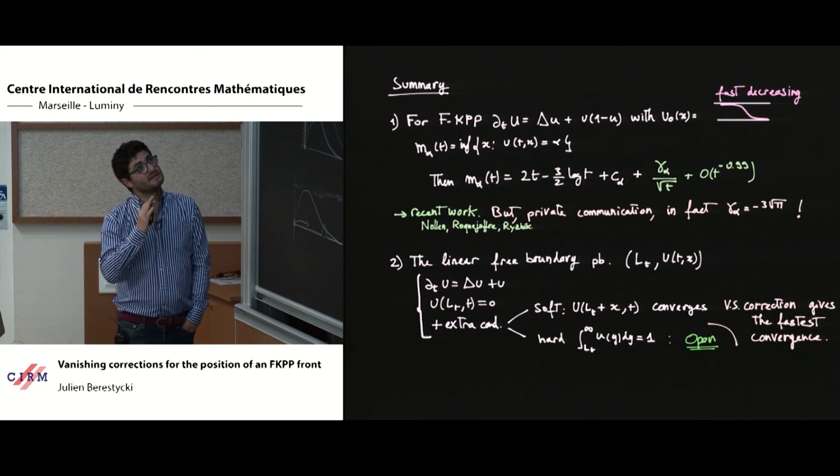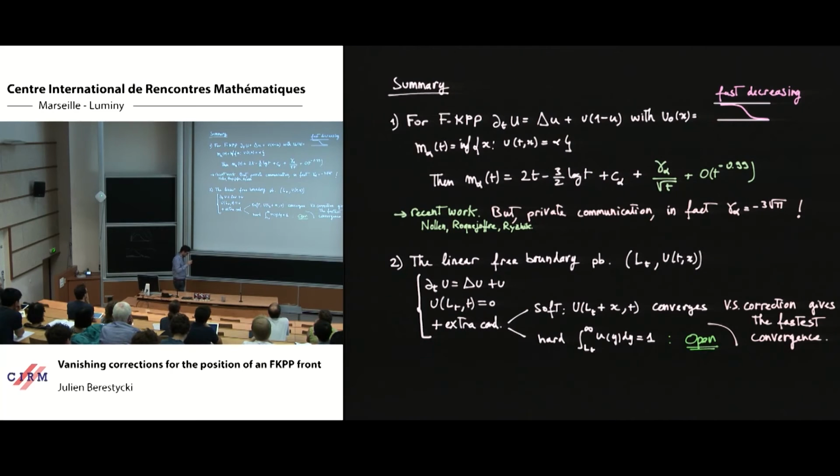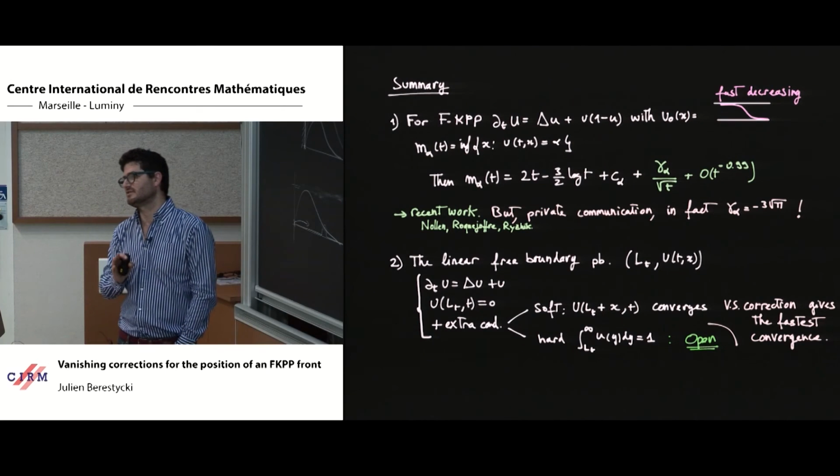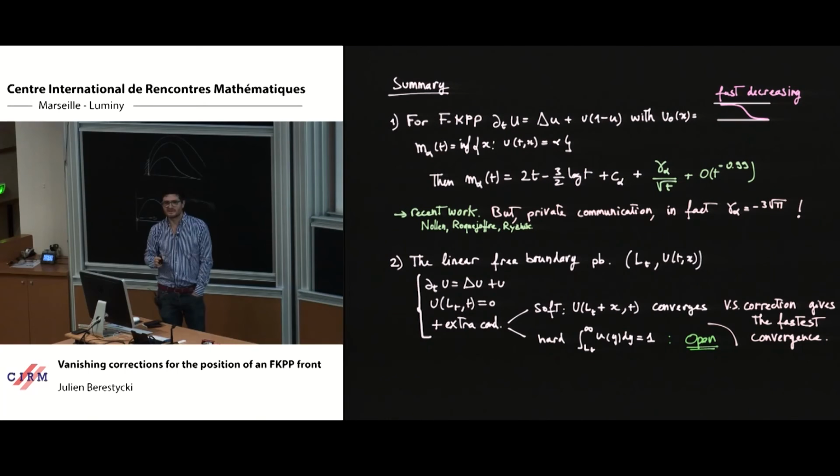So there has been in the past few months, actually in December, a work in PDEs by Nolen, Roquejoffre, and Ryzhik, where they claimed that they had proved this with a gamma of alpha which depended on alpha. So this is exactly the opposite of everything I've been telling you so far. That made us slightly nervous.